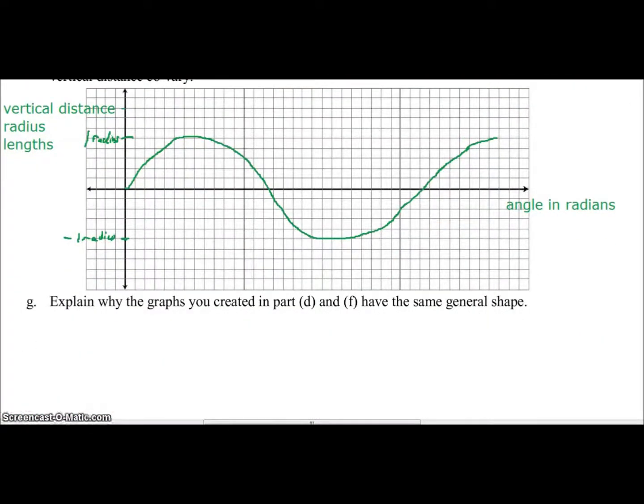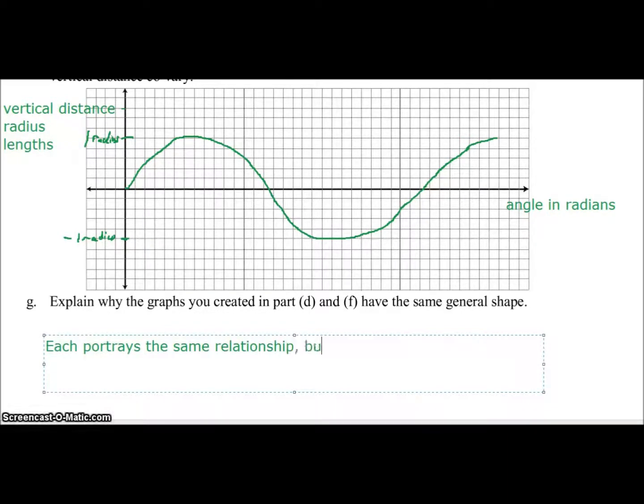And so we're just talking about the same exact relationship using different units. And that relationship is a relationship between angle measure and vertical distance above the horizontal.